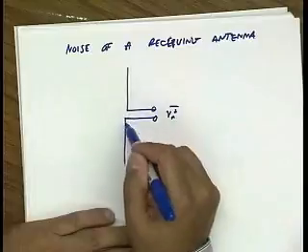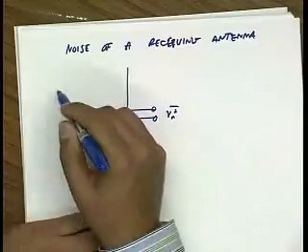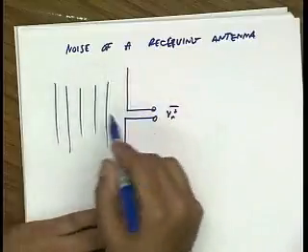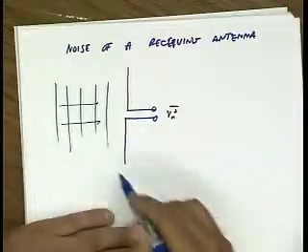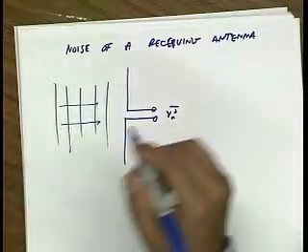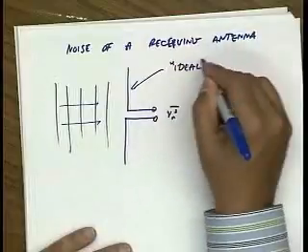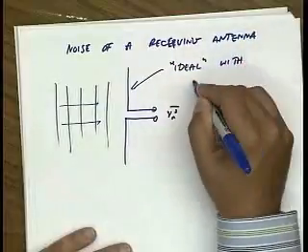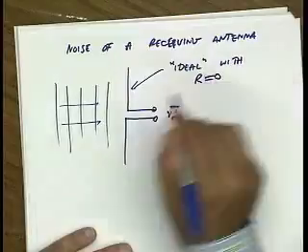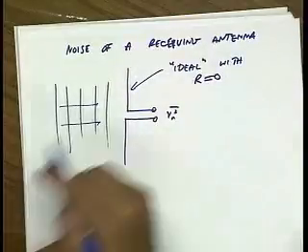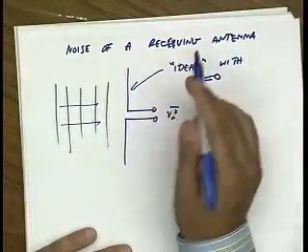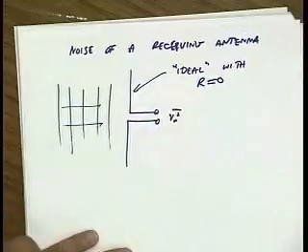I'm only interested in finding the noise that I pick up on this pair of wires. Let me tell you that these wires are ideal, so they have no resistance at all.